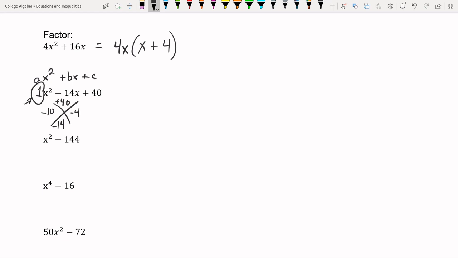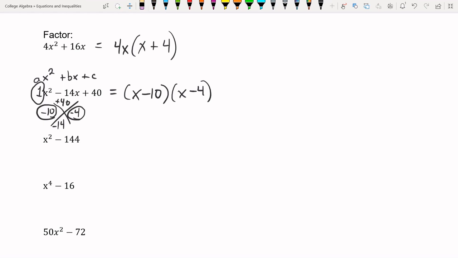If a is a positive 1, then there's a shortcut. This thing can be factored immediately into x minus 10, because we have a minus 10 here, and x minus 4, because we have a minus 4 there. You just write x and then either plus 10, plus 4, or minus 10, minus 4, whatever sign the number is. If it's positive, write a plus. If it's negative, write a minus. And that is completely factored.